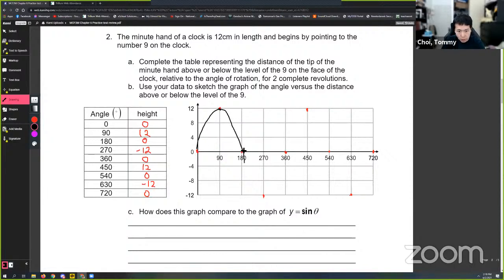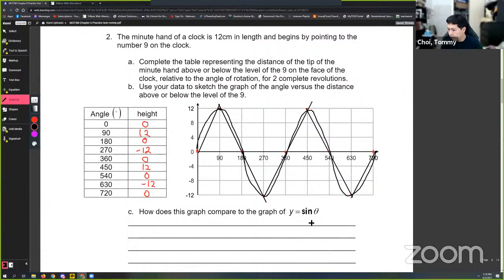I don't know why I'm so bad on a tablet. Okay, good enough. Something like this. It's terrible, I know. But I should see a curve that looks like this. I should not see straight lines. This is bad. I don't want to see this. That's wrong. Okay?